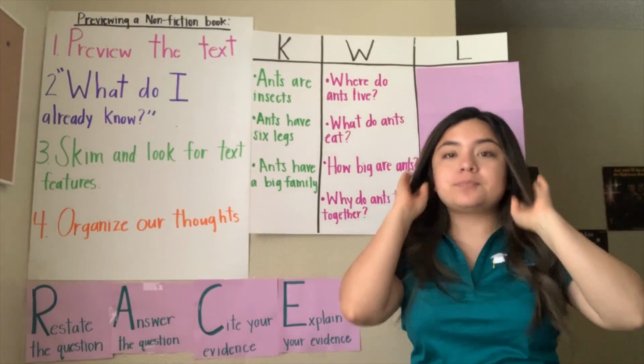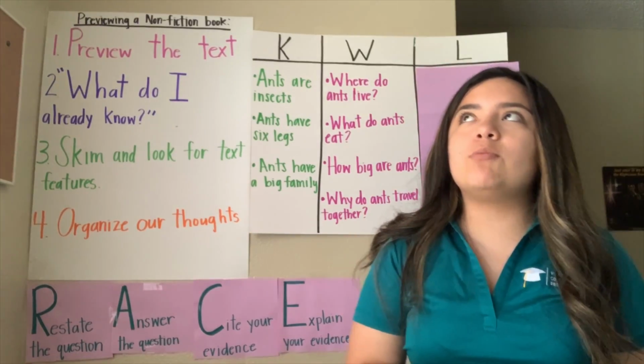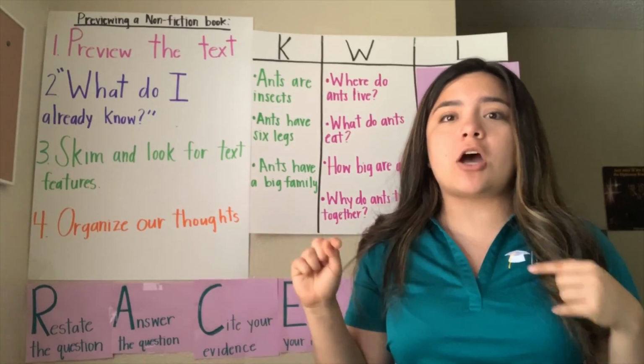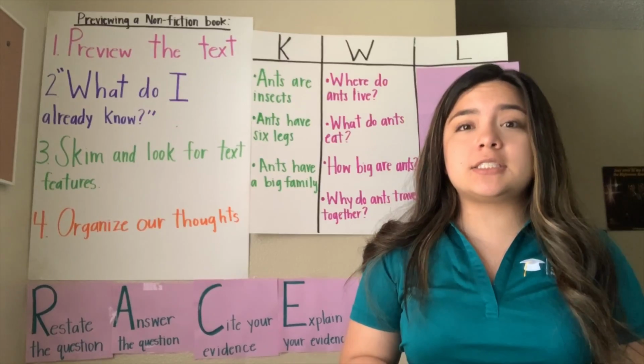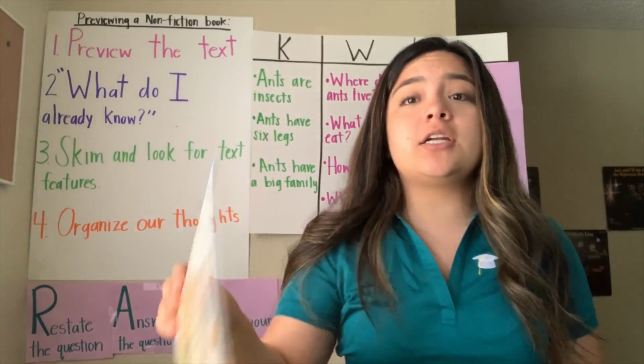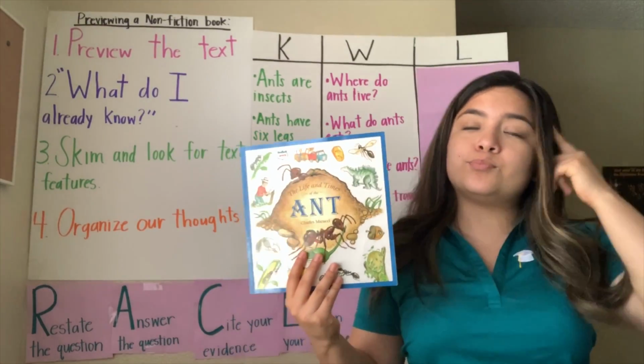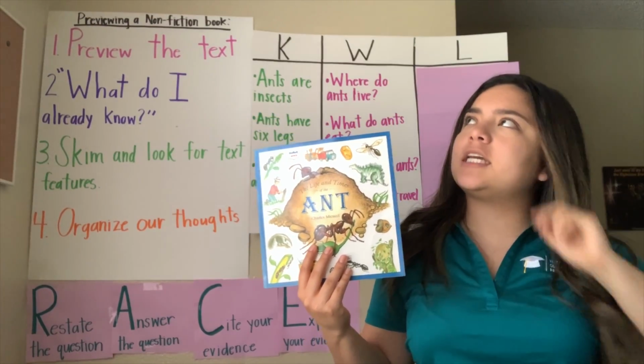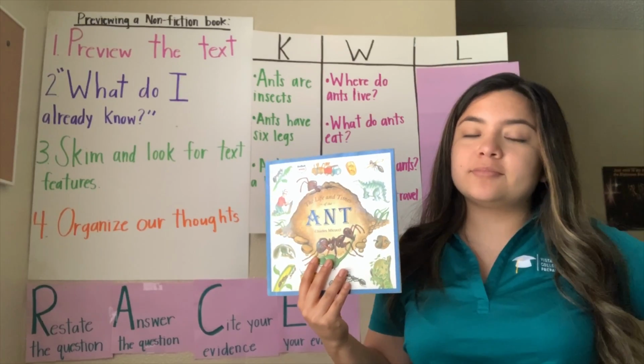Awesome. And right now, what are some of the text features in our nonfiction book that we saw today? Go ahead and start thinking about it. What are some of the text features you saw today?